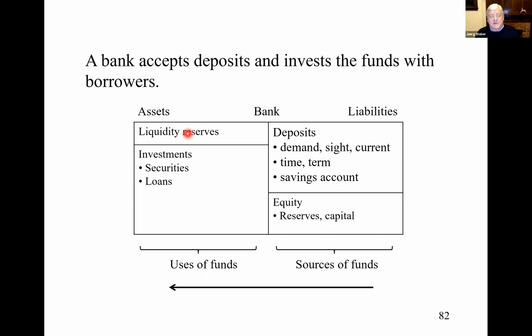They will run out of cash, and no bank holds 100% of cash because you don't earn interest on cash. You see here on those investments, the bank is making the money. That's where it's earning the money. So the bank will try to hold very small cash holdings and invest it and earn interest.